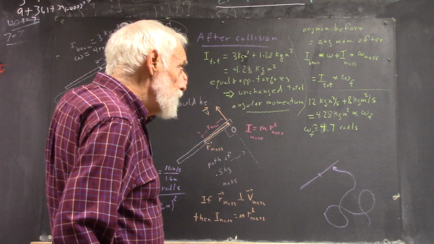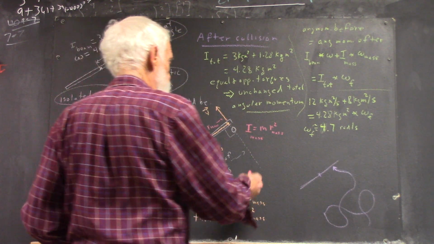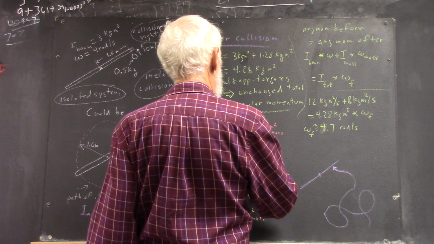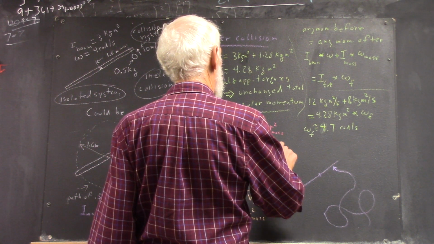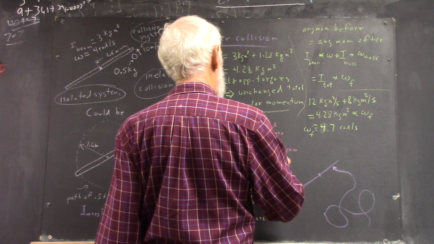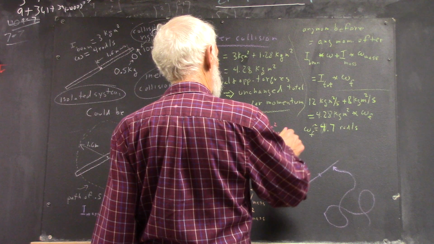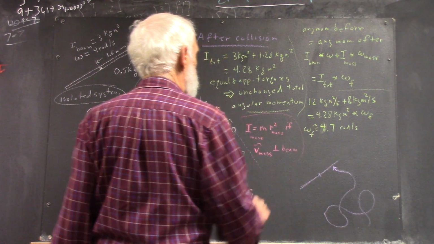Now this is subject to the condition that the velocity of the mass is perpendicular to the beam. I'm going to put the word if in there, which is the place to put it.